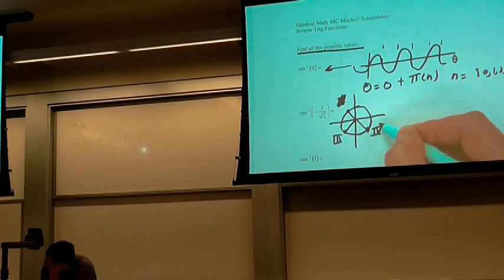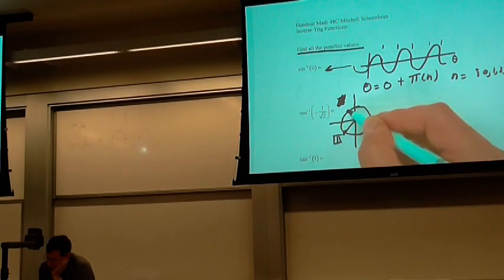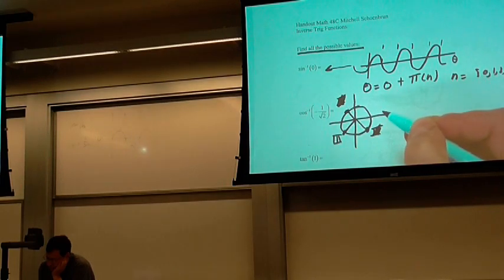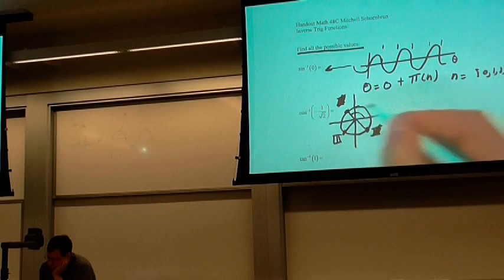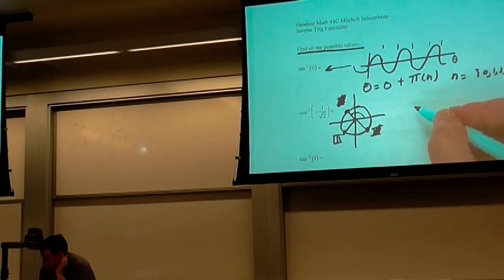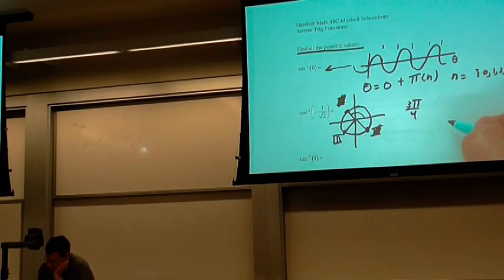No, I didn't. So the cosine, okay, these are where the negative 1 over square root of 2 is, right? So what's that angle? 135? Okay, or 3 pi over 4.